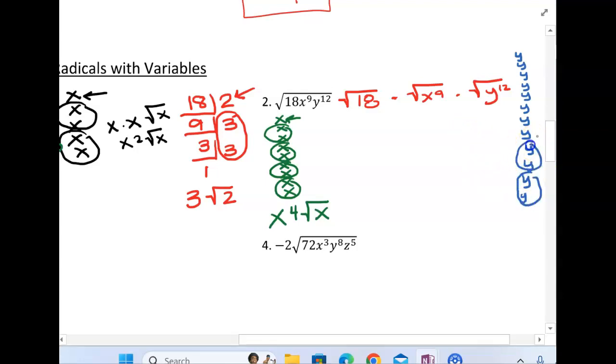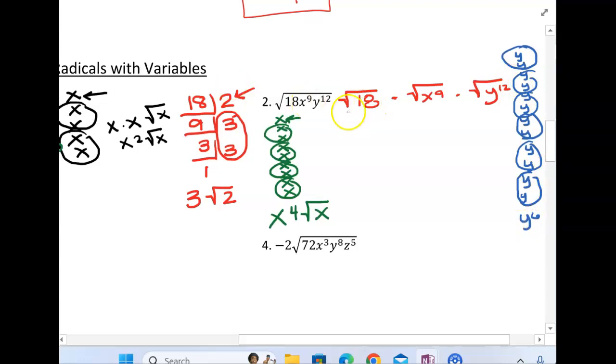So y, y, pair y's, pair y's, pair y's, pair y's. So notice I have 6 pairs of y's. So I multiply them. y times y times y times y times y times y is simply y to the 6th. And notice I don't have any leftovers, so I don't have anything on the inside.